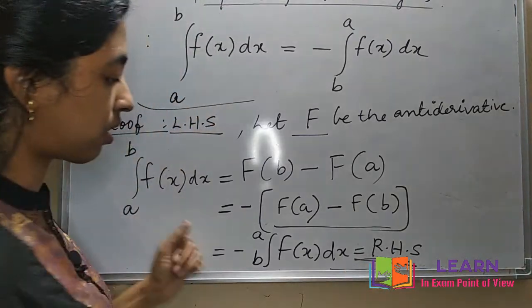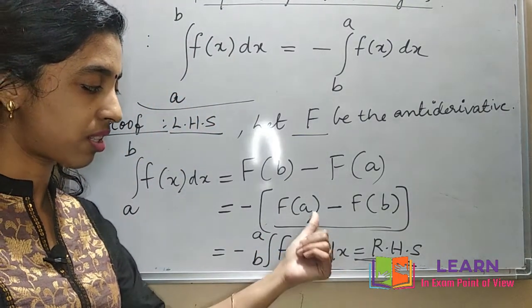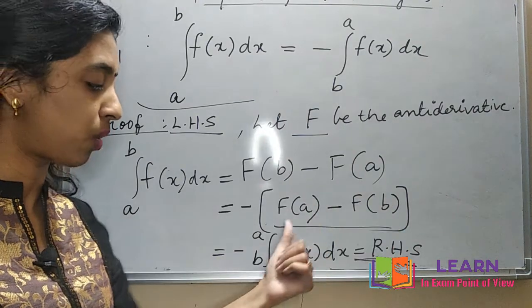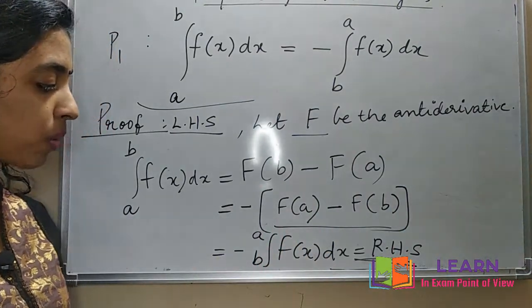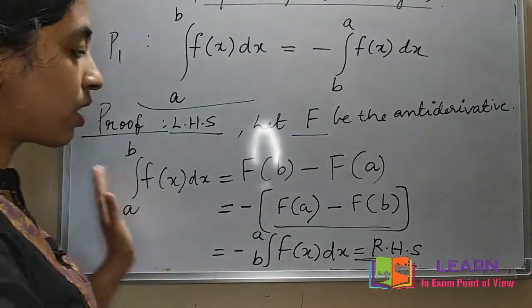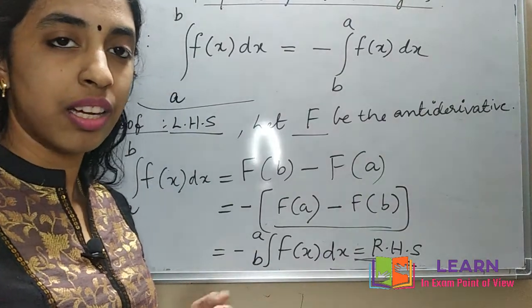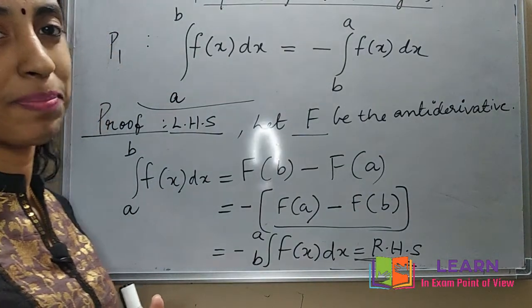Hence we proved minus integral b to a f of x dx. This is upper limit minus lower limit, so upper limit a, lower limit b. That is reversed, and the negative sign comes. So hence we proved from LHS to RHS. Hope it is clear. So we will move to the next property.